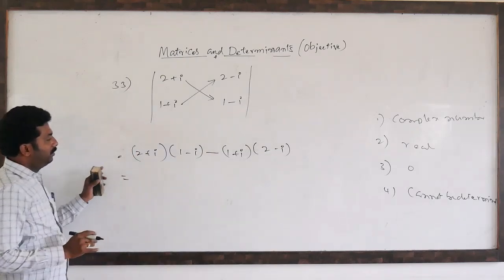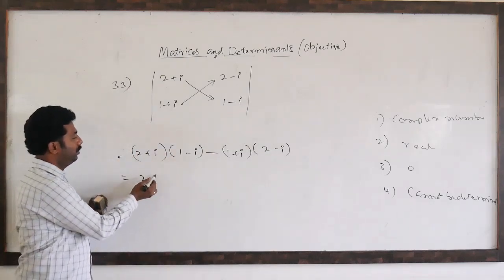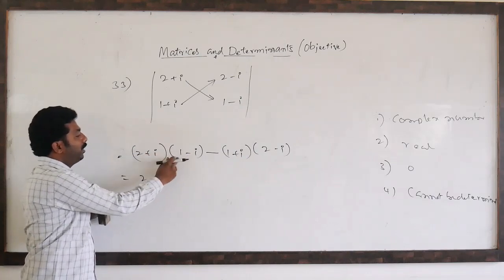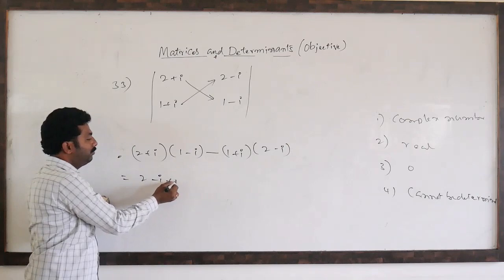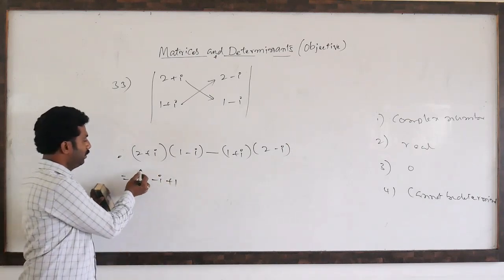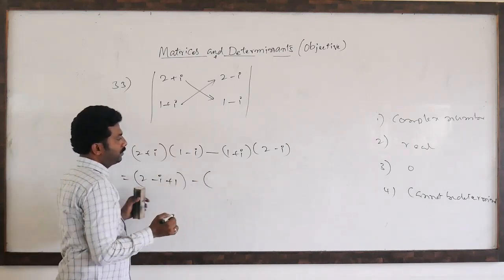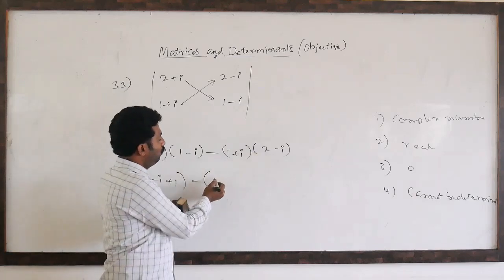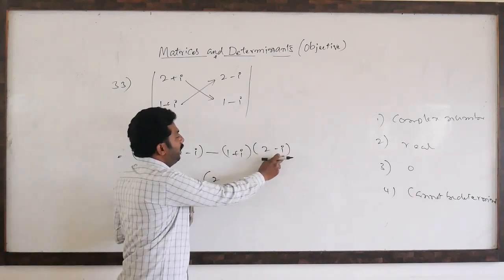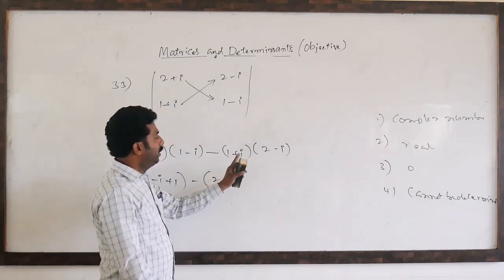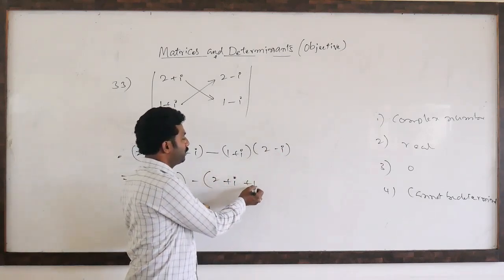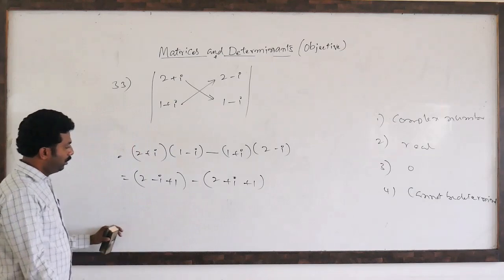So very clear, 2 minus 2i plus i minus i square, which is plus 1, minus 1 into 2 minus i plus 2i, it will be plus i, minus i square means plus 1.